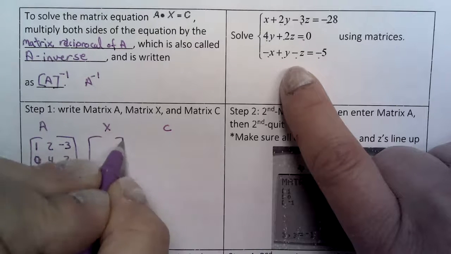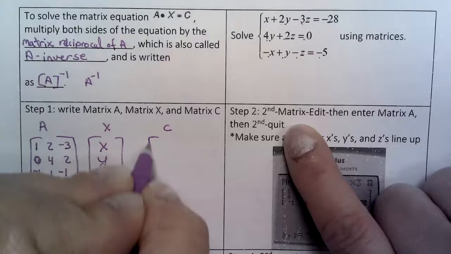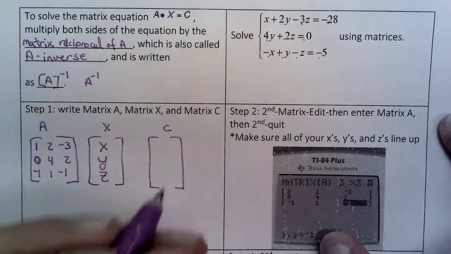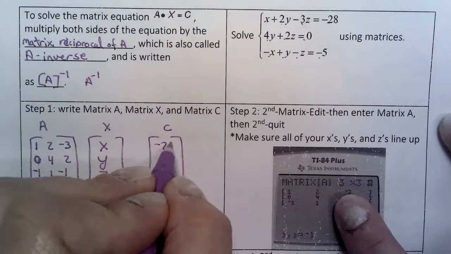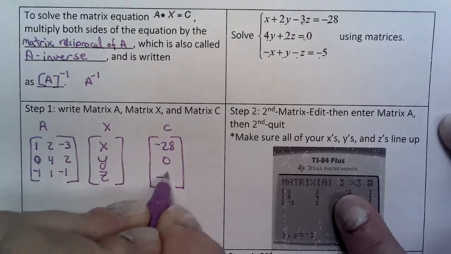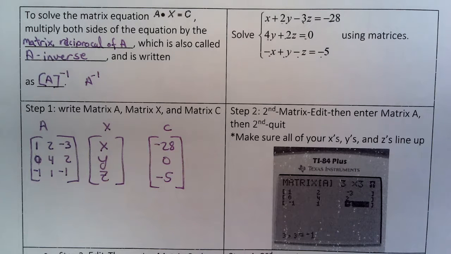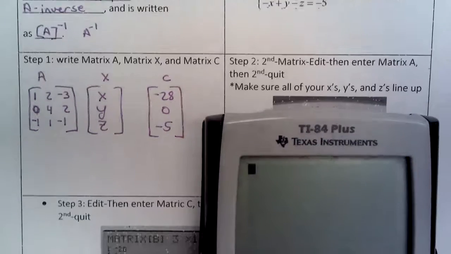Our X matrix is telling us that our variables are x, y, and z, and our C matrix is just our constants. So now we are going to write our constants, -28, 0, and -5. Like I said, as you get better at this, you're not going to have to actually write them out every time.